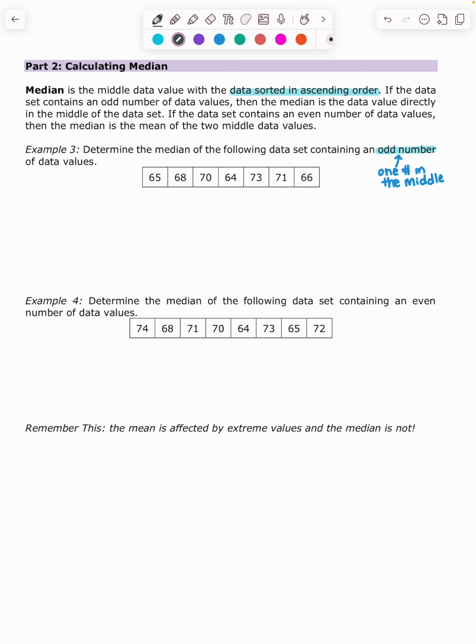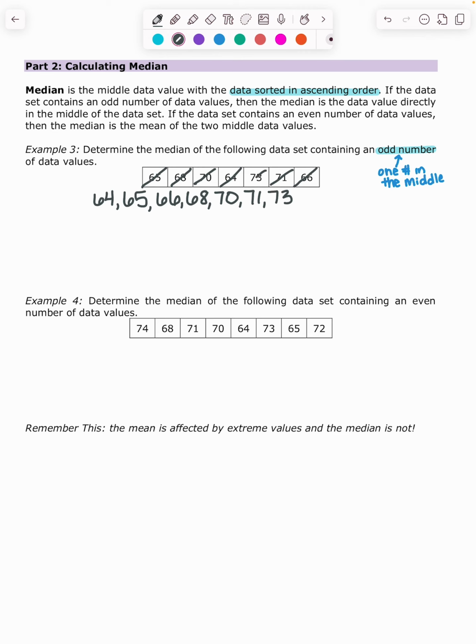So the first thing we need to do is put this data set in order. We still have to do that. So 64 looks like the smallest. And I'm breaking one of my big rules from before, which is don't cross out your numbers. But that's because I know I'm only using this data set for this example, and I want to make sure I don't miss anything. 70, 71, 73.